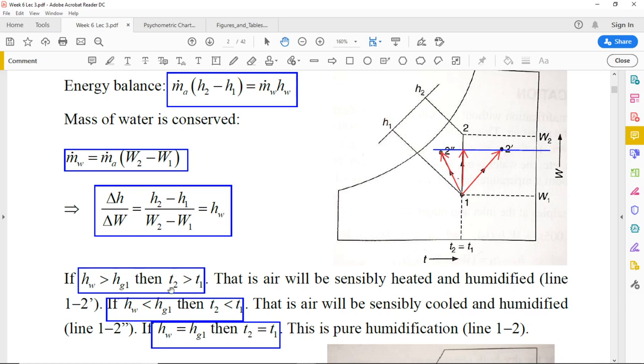The third process line will only be possible if you are spraying water at a very low pressure corresponding to the saturation pressure at 1, and then it should be a vertical line.